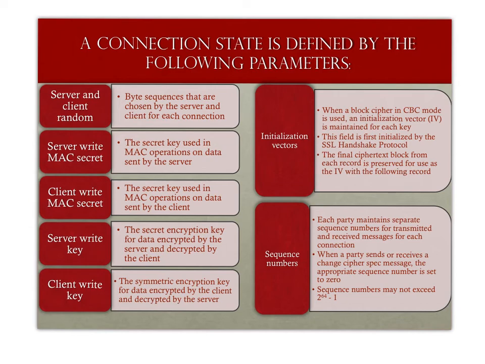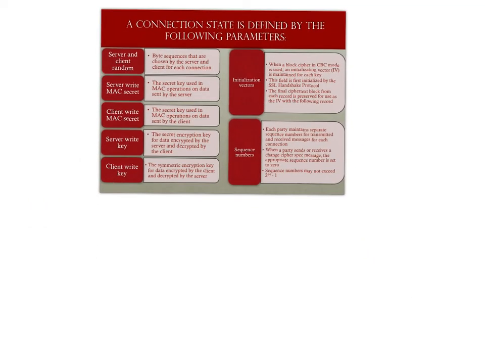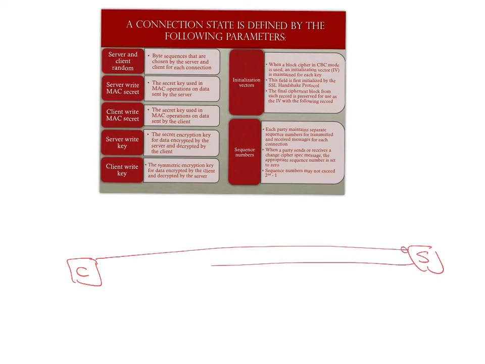Okay, so you have here, pay attention, we have the concept of a connection. A connection is you have a client and you have a server. Okay? So a connection means it's bidirectional, right? So you have traffic going this way and traffic going this way. Both of them belong to the same connection. Okay?